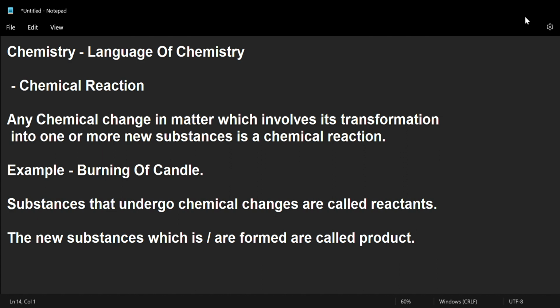So now, both reactants and products are pure substances.